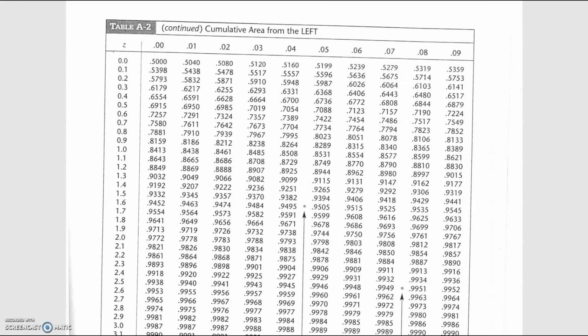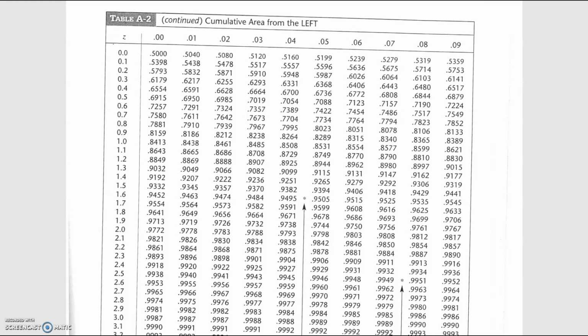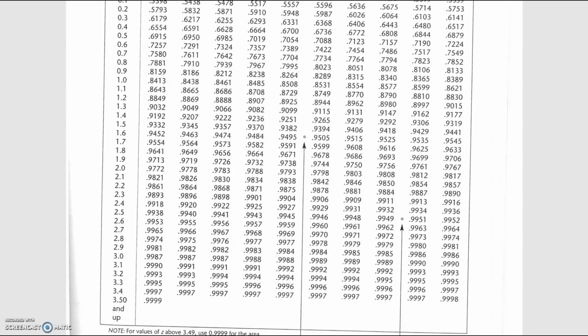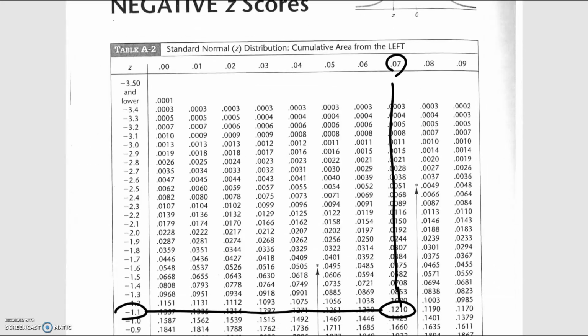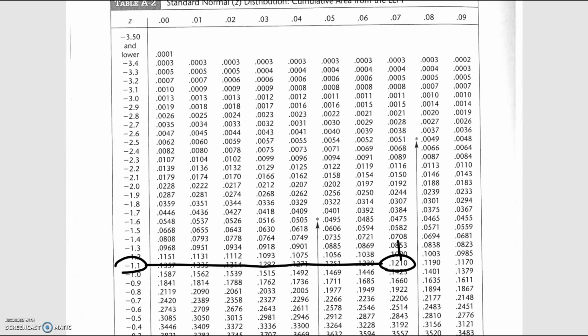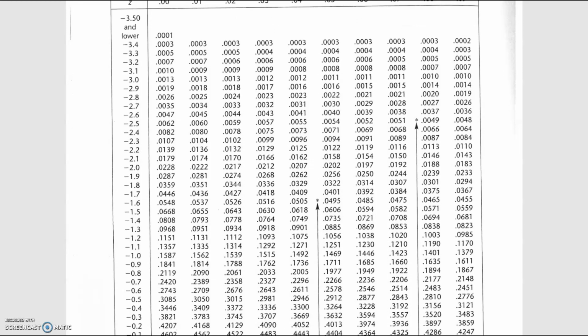I need to find 0.20. Now, at first glance, I'm seeing 0.8, so if we go to the negative side, I'm seeing 0.1s. Okay, here's 0.2s. So it's going to be somewhere in here.